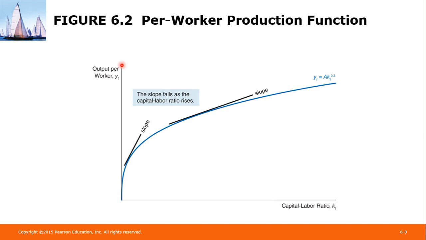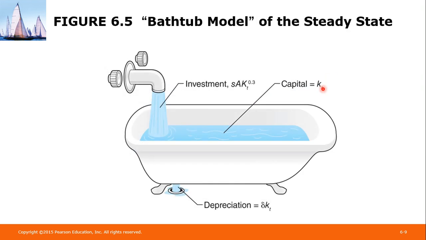The y-axis is the output per worker, and the x-axis is the capital-labor ratio. The slope falls as the capital ratio rises and reaches a steady state where it no longer peaks and slowly starts to decline. The bathtub model is a classic example of a steady state.